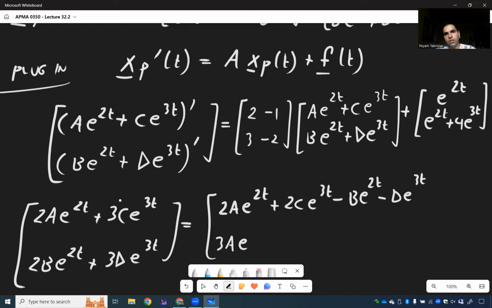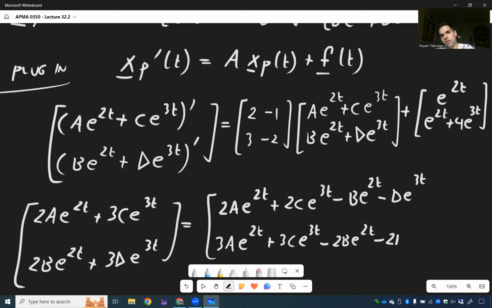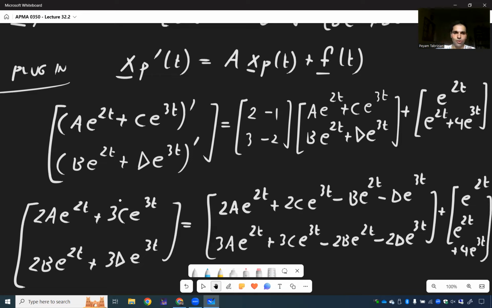So 3a e to the 2t plus 3c e to the 3t minus 2b e to the 2t minus 2d, not 20, but 2d, e to the 3t, and then plus the inhomogeneous term, so e to the 2t and e to the 2t plus 4e to the 3t. So that whole thing is in one line.